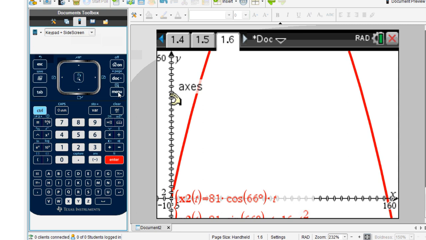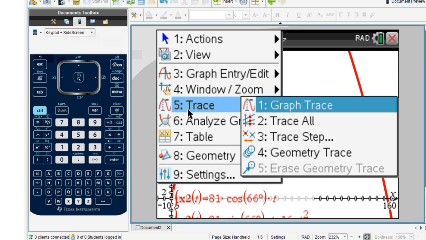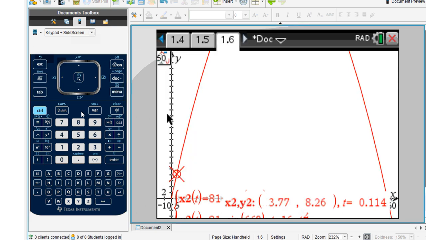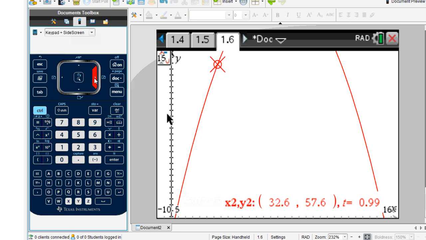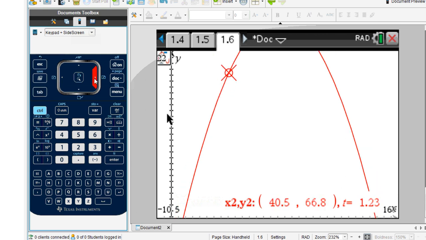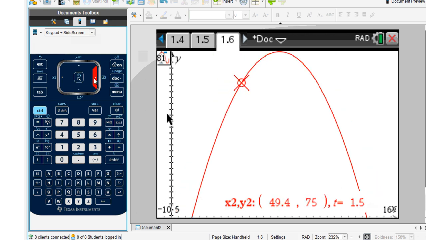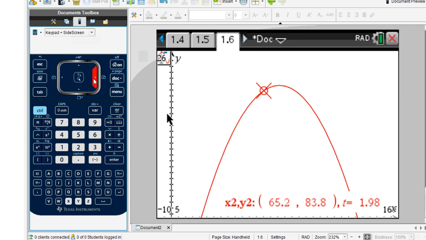Let's go ahead to our menu and trace. Graph trace. One drawback of having 0.031 is you have to go a long ways here. But what you get out of that is better resolution with that smaller increment of time.